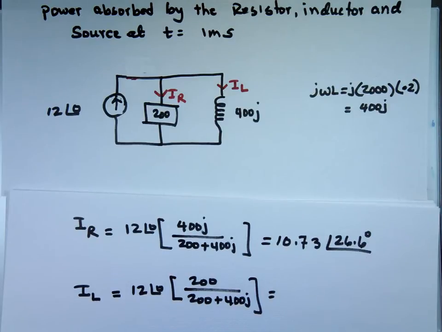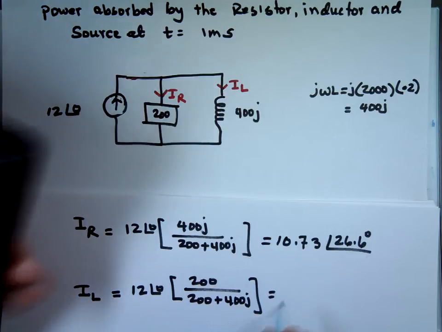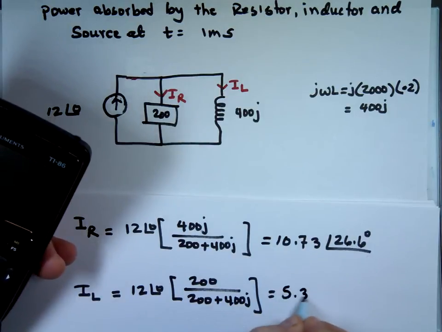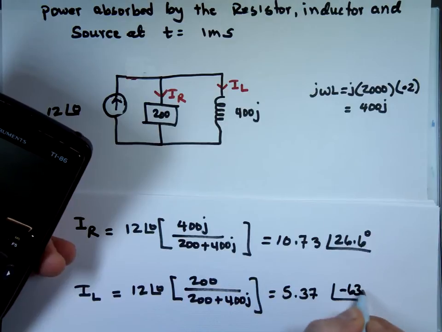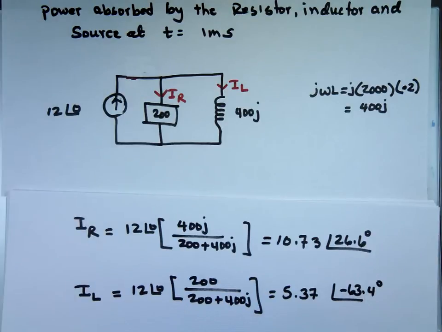And I came up with 5.4 or 5.37 angle negative 63.4. Let me know if you get these numbers.